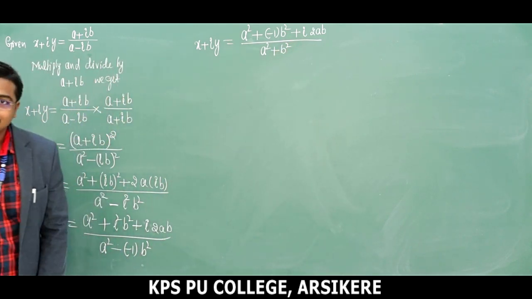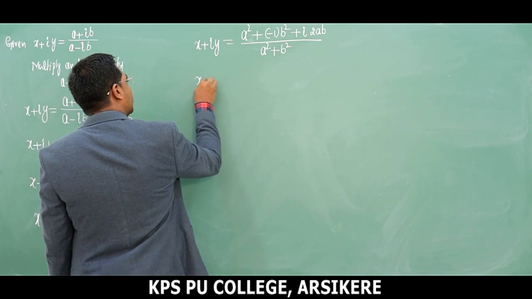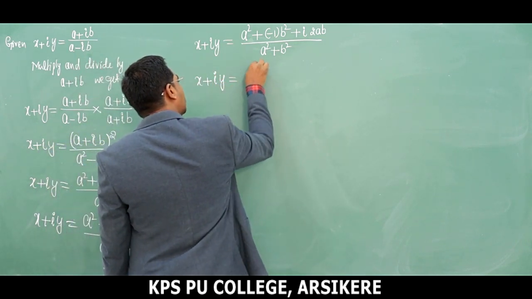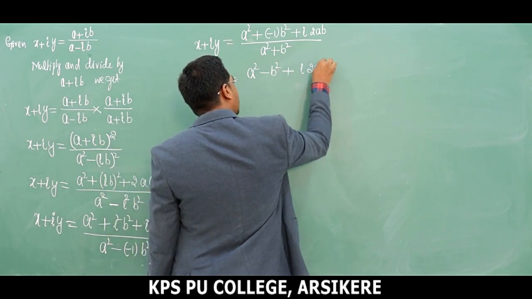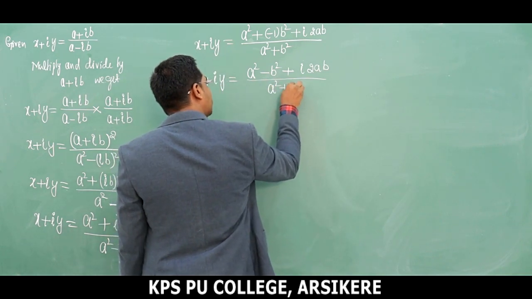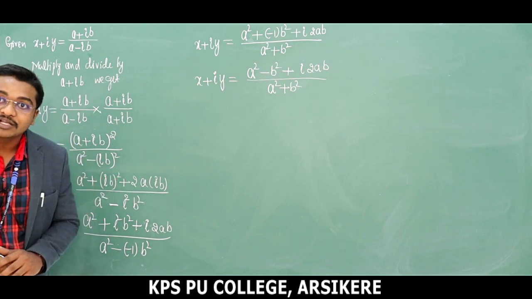Minus into minus becomes plus, a square plus b square. So x plus iy is equal to a square minus b square plus i times of 2ab whole divided by a square plus b square. Now separate real and imaginary part.